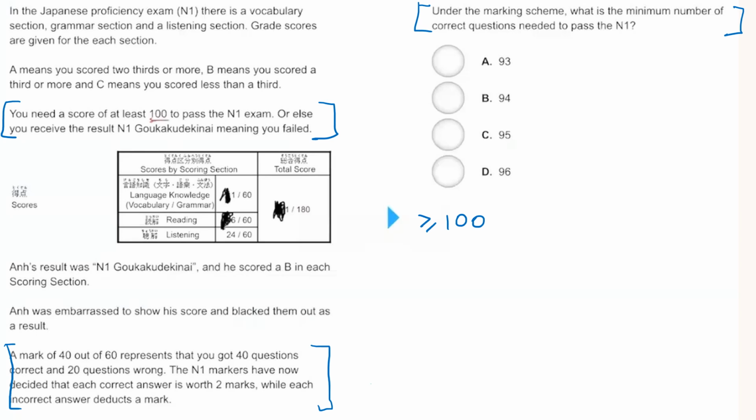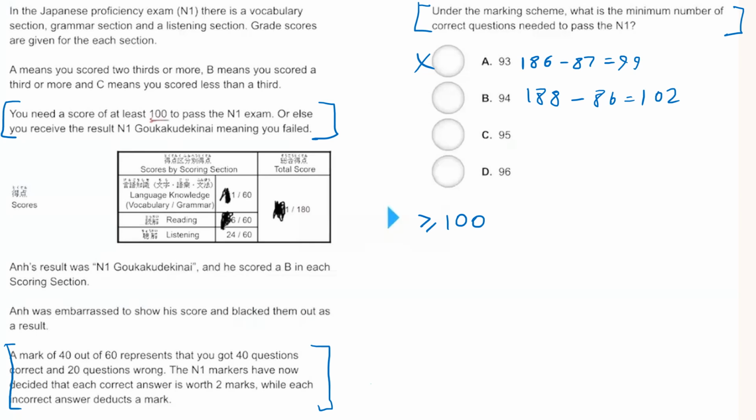So basically, we can do 93 times 2, which is 186, and then we minus the number of wrong ones, which is 87. That equals 99, so that can't be the answer. 94 gives 188 minus, how many wrong? 86, which equals 102. And this is a pass.